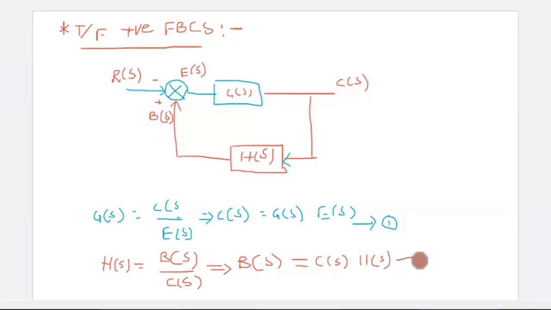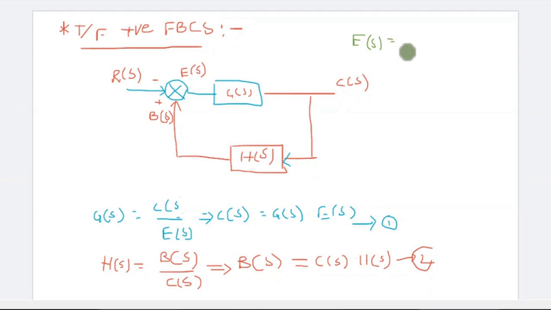What's the next step? What do you have to find out? E of s. Yeah, good, ma'am. E of s. What's the E of s value? R of s plus B of s. Yeah, good, ma'am. That's the difference. In the previous case, we took E of s as R of s minus B of s.